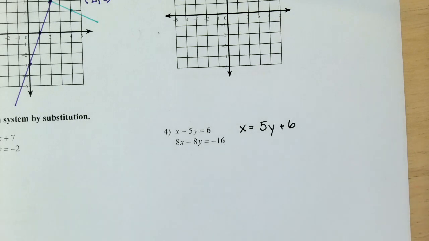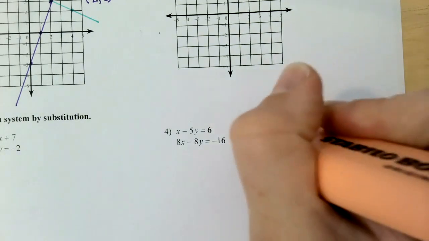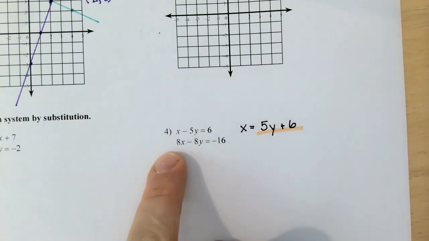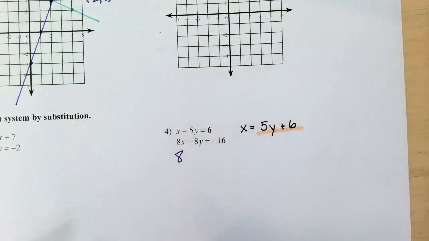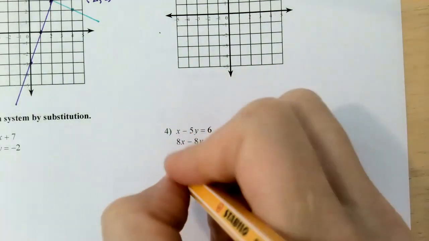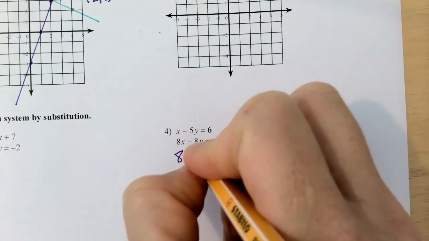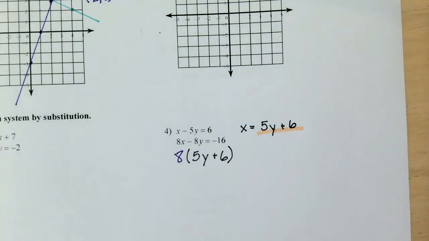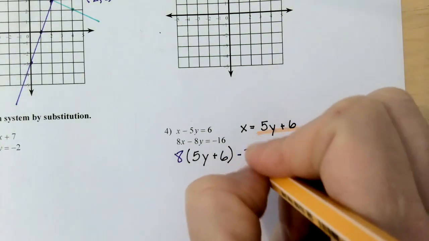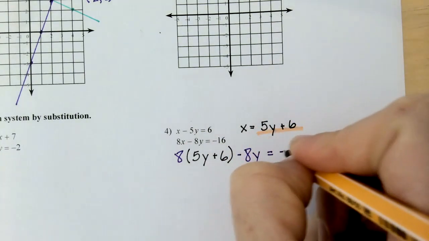So what I'm going to do with this information is instead of 8x, I'm going to say 8 times, instead of the x, I'm going to substitute in 5y plus 6, minus 8y equals negative 16.